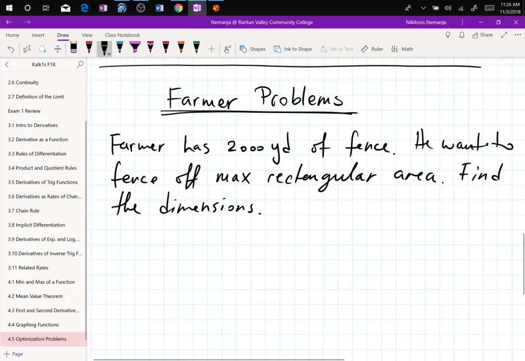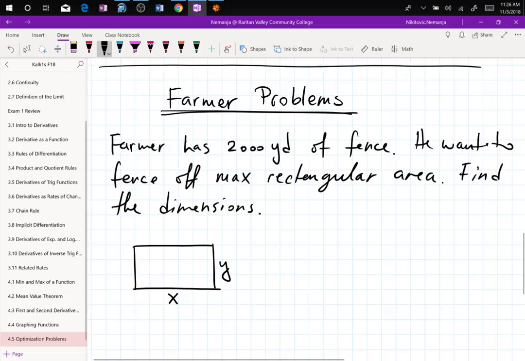Well, you start by drawing the rectangle to understand the problem. You have lengths x and y, and you have to understand, this is where common sense kicks in, that the perimeter fence goes along the perimeter of the property, right?